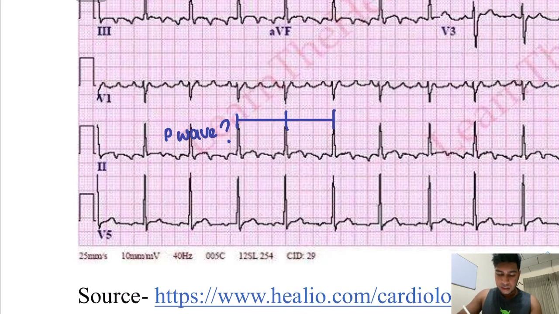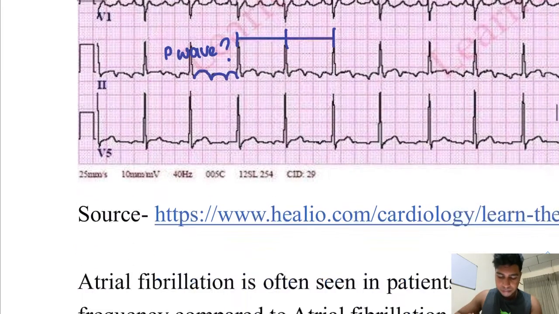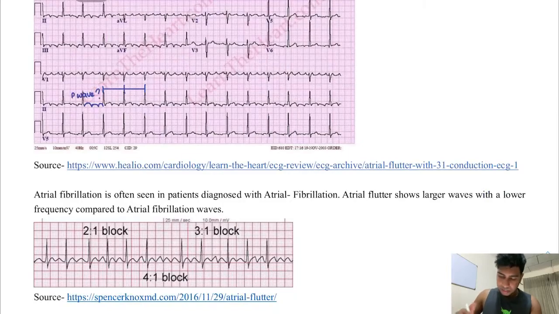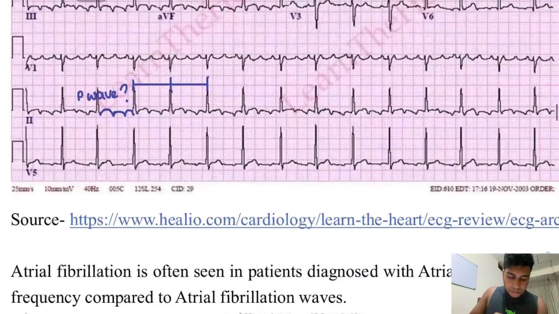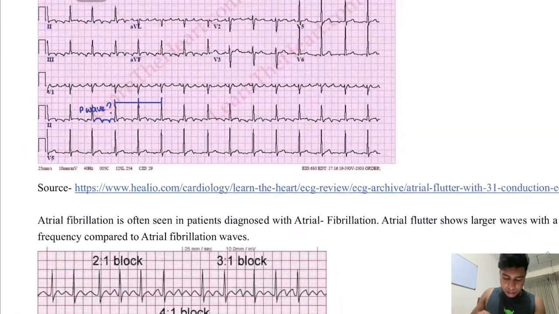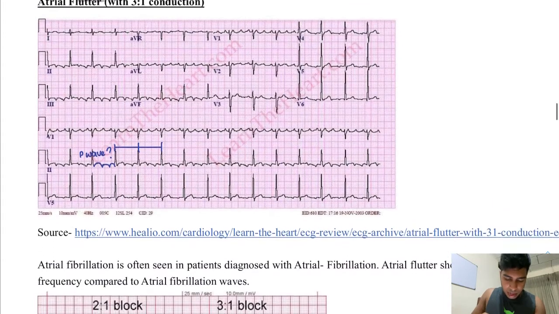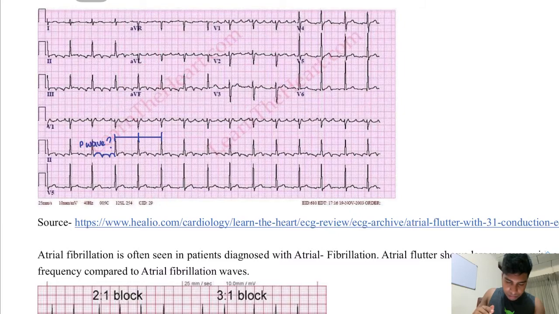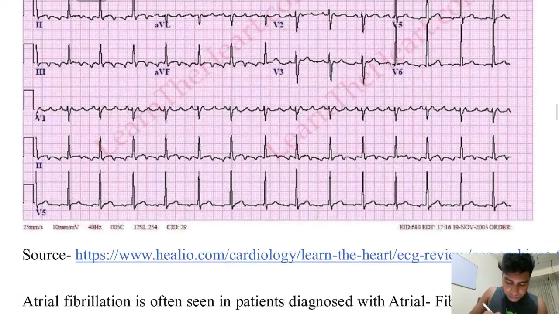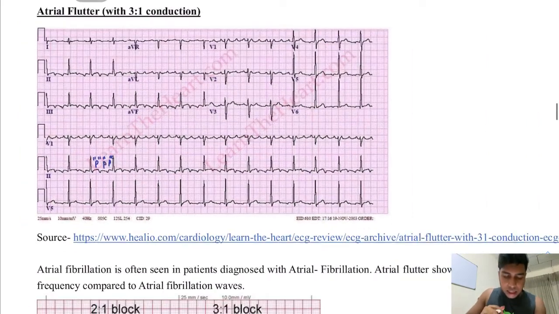Okay, this also has a characteristic sawtooth shape. This sawtooth shape tells us that this is an atrial flutter, and you can describe that further by telling, you can tell there are 2 P waves, three, before a QRS complex.